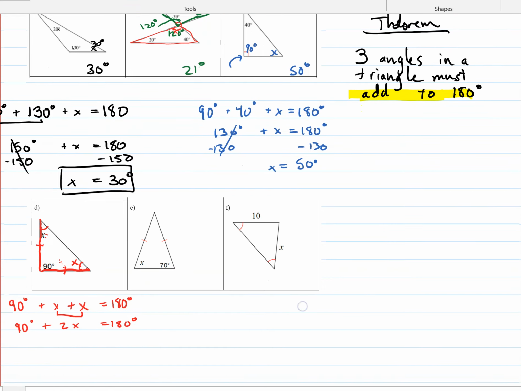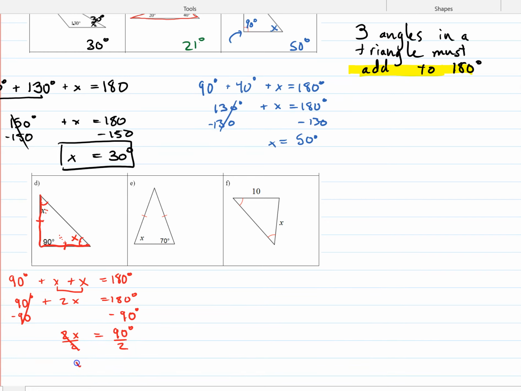Solving for x, subtract 90 from both sides, and you get 2x equals 90 degrees, and then you divide both sides by 2, x equals 45 degrees. And that's what we are supposed to solve for, so the answer is 45 degrees.